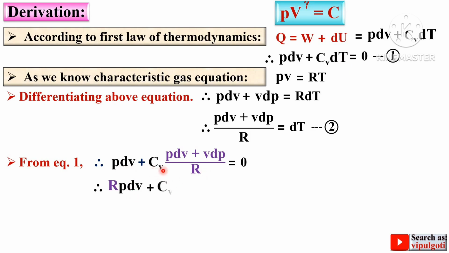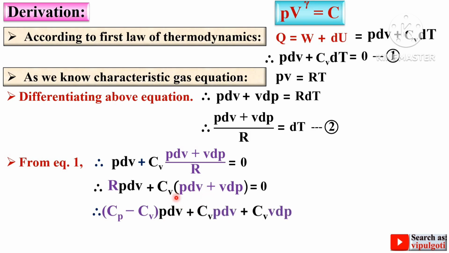Here R will be cancelled, so it will be Cv in bracket (PdV plus VdP) is equal to 0. I am going to put the value of R as Cp minus Cv, and simplify this bracket. So it will be (Cp minus Cv) into PdV plus Cv into VdP is equal to 0.